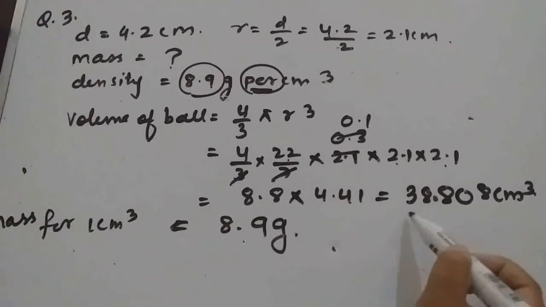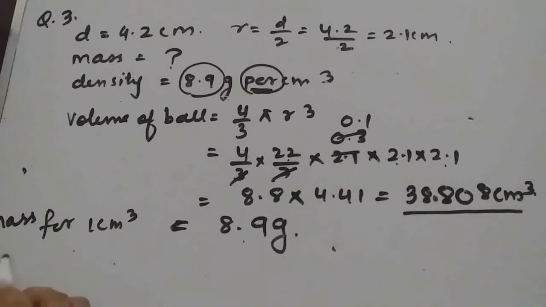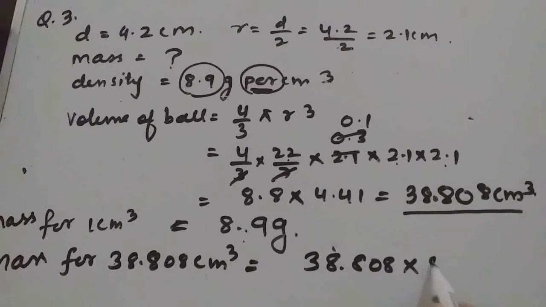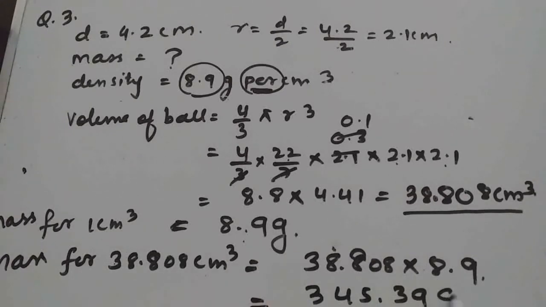So the mass for 38.808 centimeter cube will be, this we should multiply, isn't it, into 8.9. So we will multiply to get our final answer. That will come 345.39 gram.